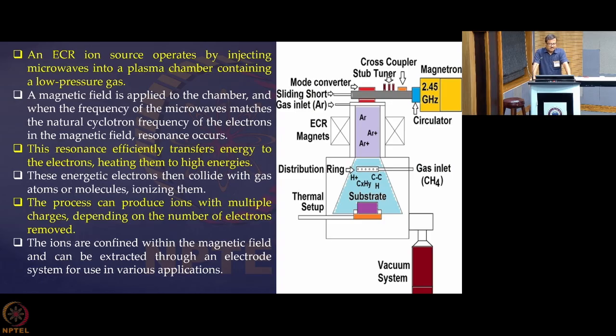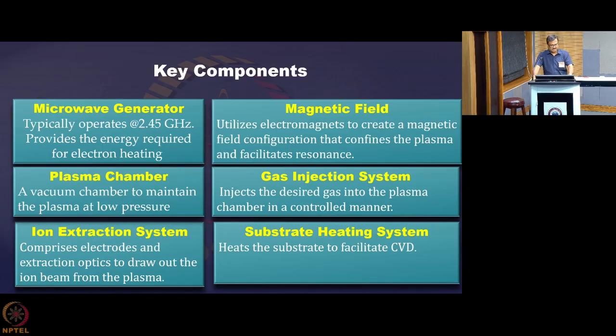Because of this resonant behavior, the process is very efficient and produces multiply ionized atoms, multiply charged ions, depending on the electrons it is able to remove. The ions are confined within the magnetic field and can be extracted to an electrode system for use in various purposes. As I told you, this ECR ion source can be used in accelerators.